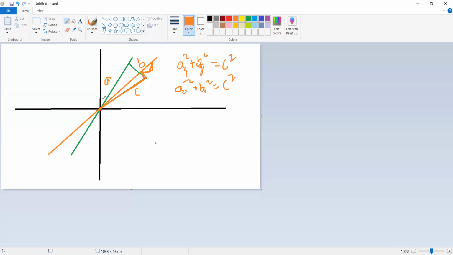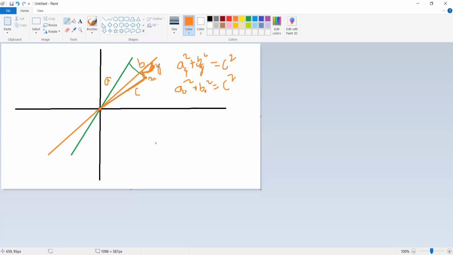Now, if you have to calculate, let's say this line, when you draw a perpendicular line like this, this is your delta x, this is the delta y, correct? This is delta y change, and this is your delta x, right? Now, if we know x and y, that is slope, we can find this hypotenuse, right?